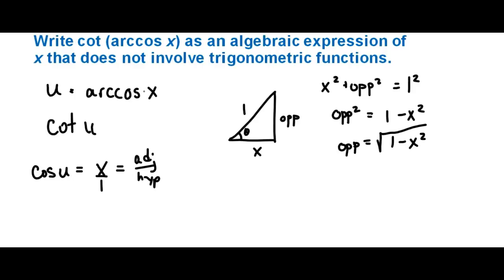So therefore, my cotangent, remember cotangent of u is equal to 1 over tangent of u, which would essentially be, instead of sine over cosine, cosine of u over sine of u.